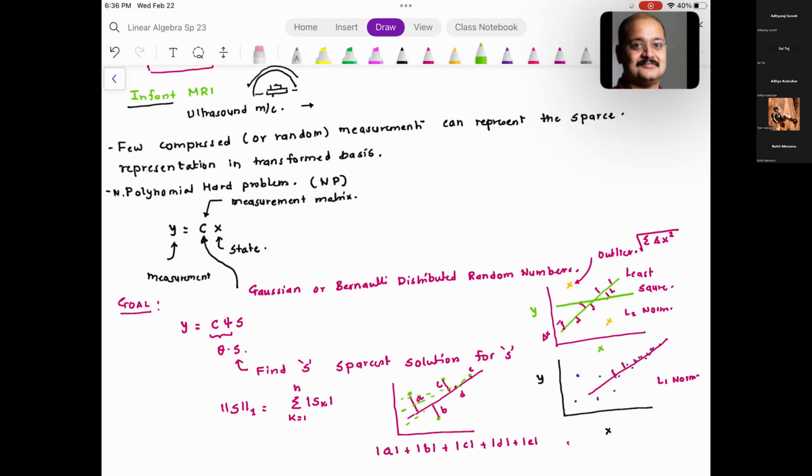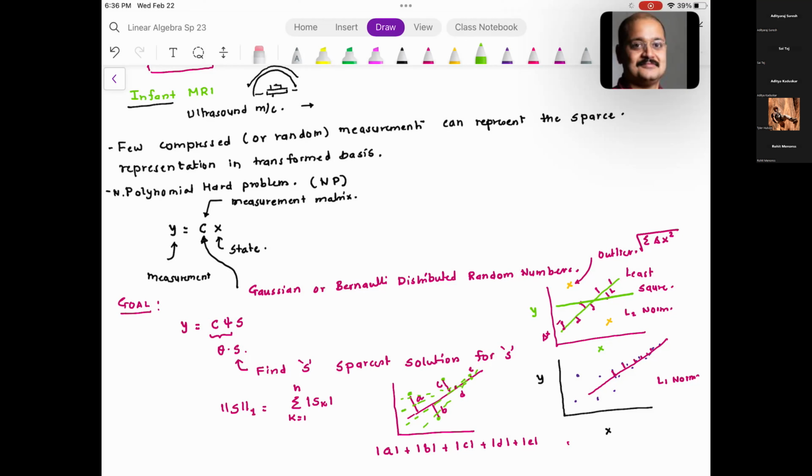I would consider all possible lines, and then fit the line wherein this distance, the L1 norm, also called the taxi cab norm, is minimum.